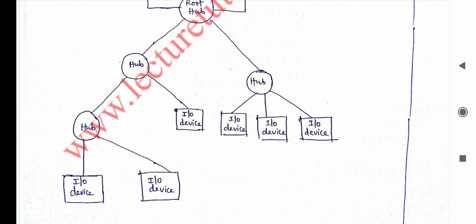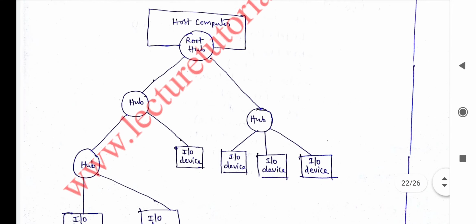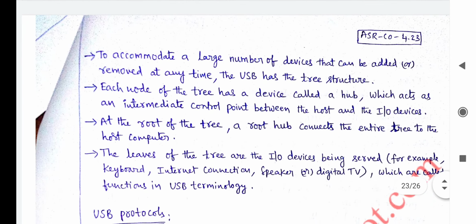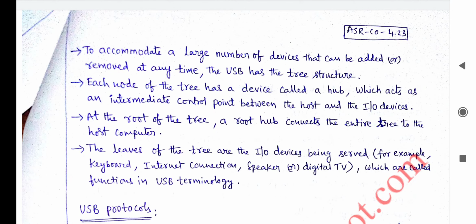These IO devices are connected to the host computer through intermediate hubs. Okay, and the hub acts as an intermediary. See here, to accommodate a large number of devices that can be added.